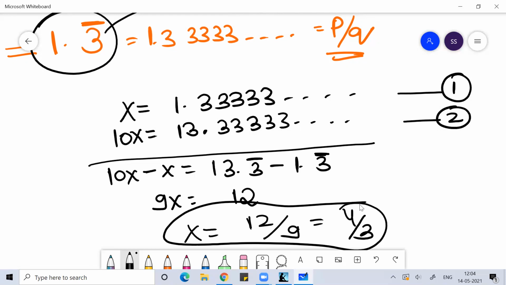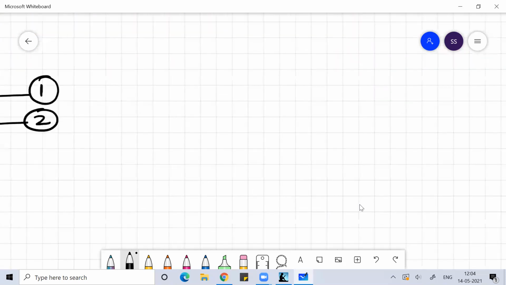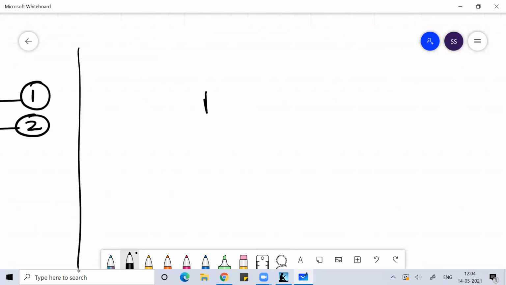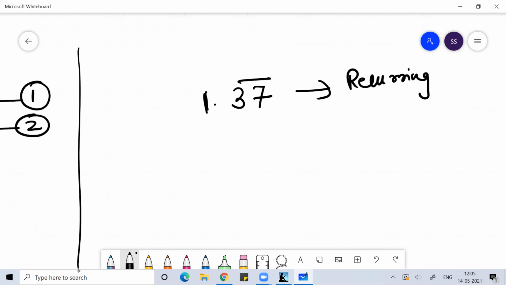Okay, sir, I understood. Now suppose I ask you, 1.37 recurring, how will you convert this into P by Q? You know that it is a recurring decimal. If it is a recurring decimal, then it is a rational number, correct? Yes, sir.